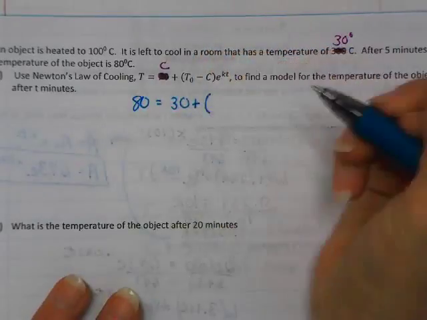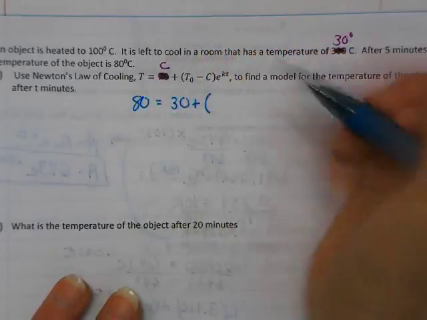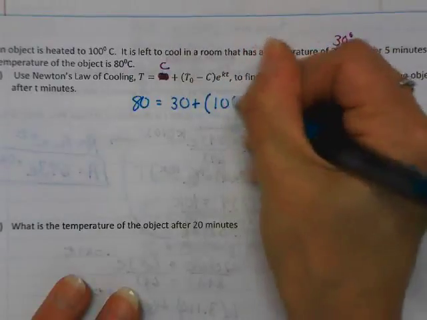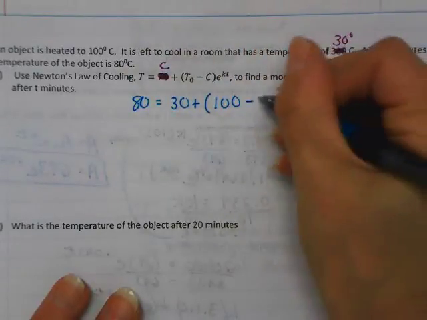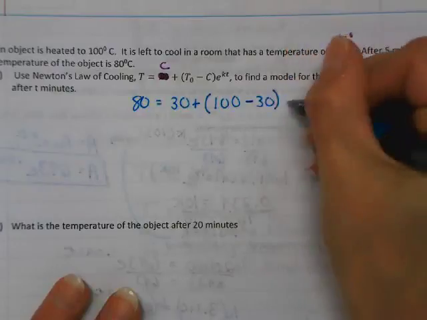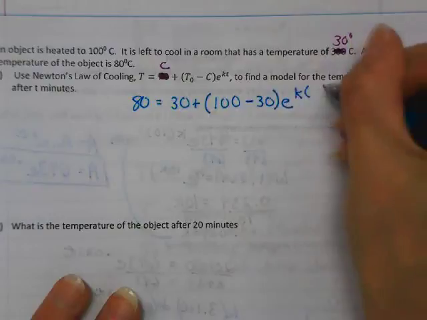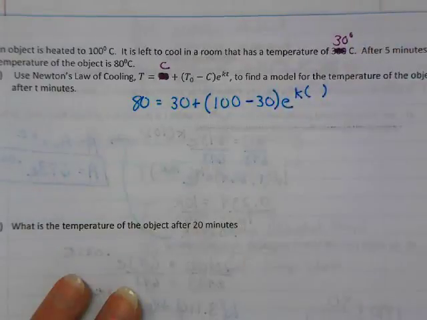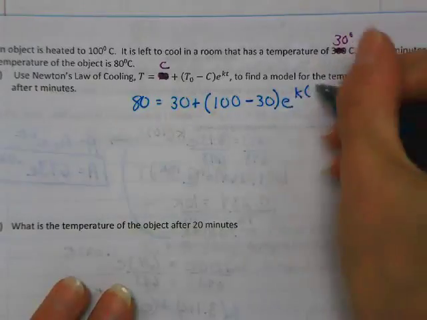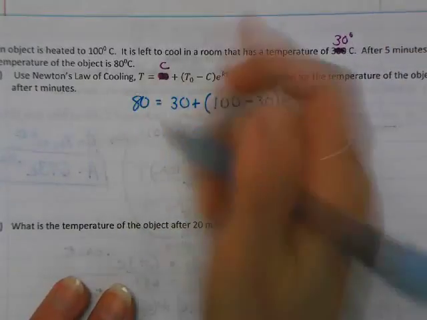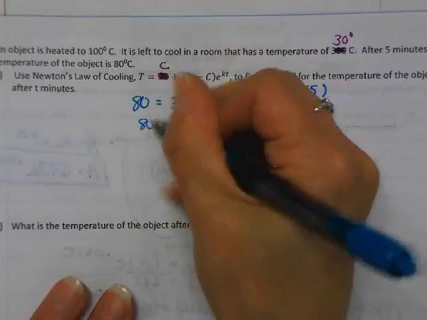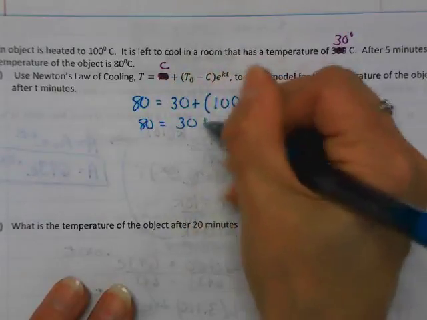Minus the constant again, 30. e to the k, which is what I don't know, but this time I do have data for a time. How much time transpired? 5 minutes. Okay, let's clean this up a little bit. So I have 80 equals 30 plus 70 e to the 5k. Your job is to find k.